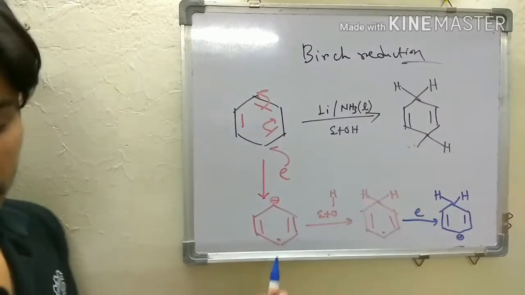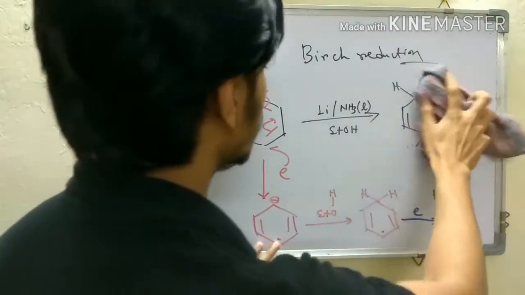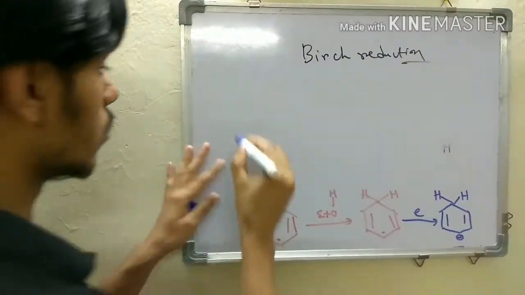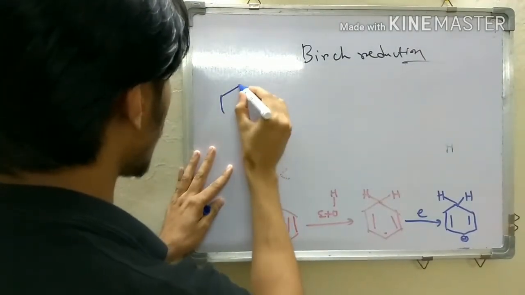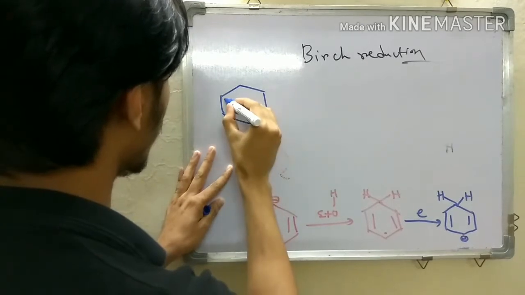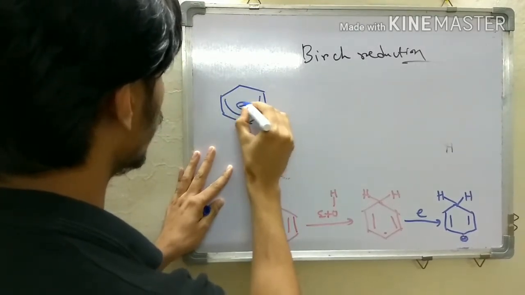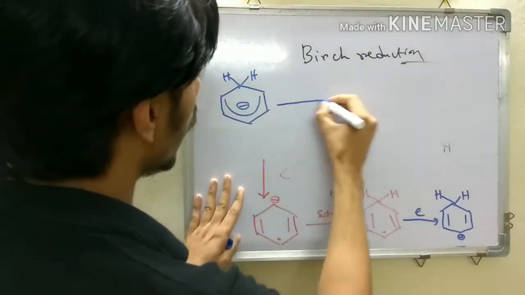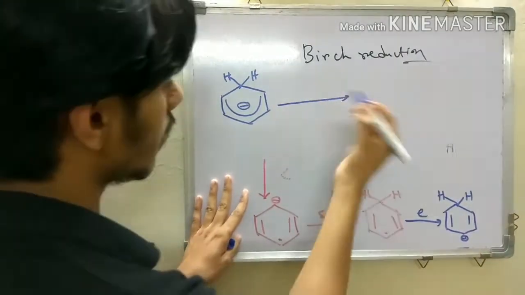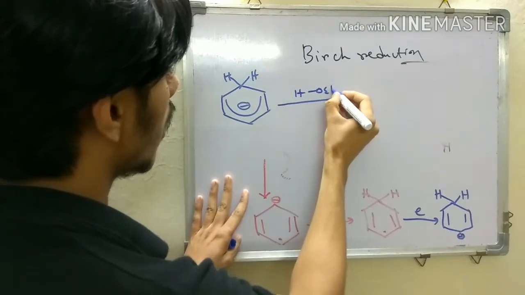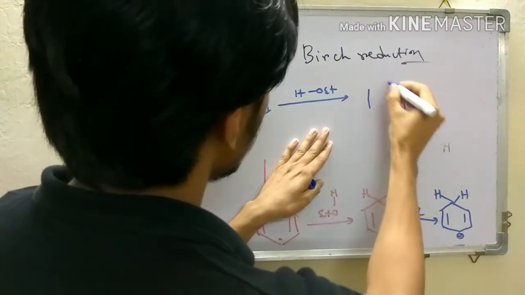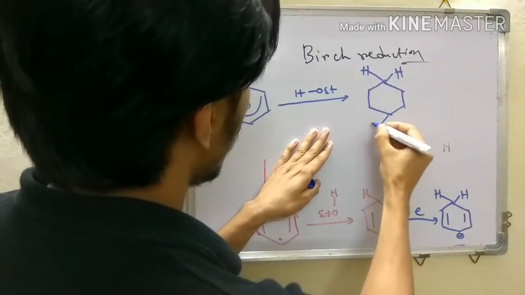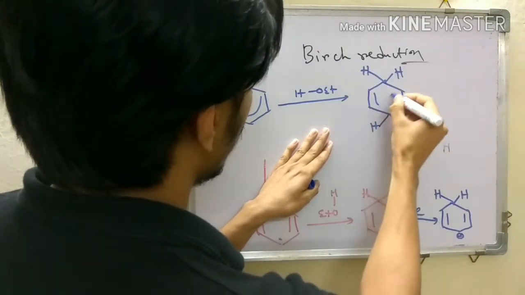Now I am representing this anion like that, but it is not rigid. Okay, and you have this cyclohexadienyl anion, right? This is a stabilized anion, full delocalization is there, and surprisingly, when it takes another proton from your ethanol molecule, it gives you this non-conjugated product, right?